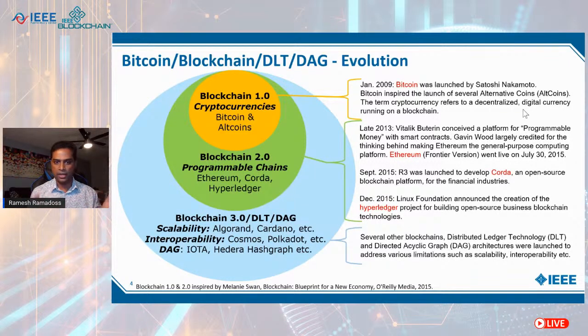And now let's move on to the third circle, the big one, the blue circle, which we have as blockchain 3.0, DLT, which stands for distributed ledger technology, and DAG, which stands for directed acyclic graph. And so those architectures were launched to address various limitations of some of the blockchains in 2.0, like the scalability and interoperability issues.